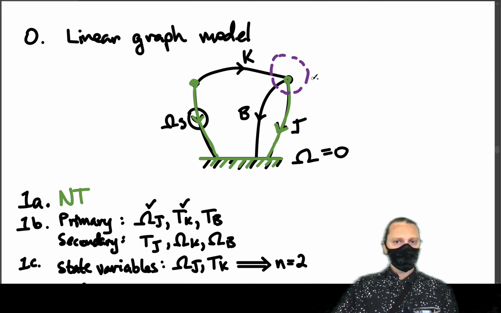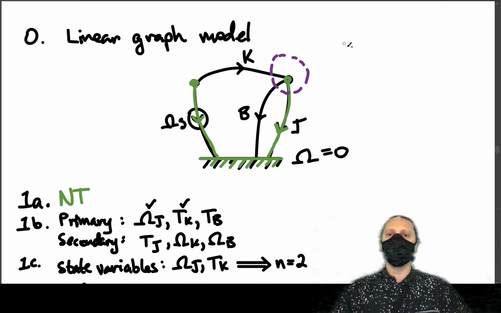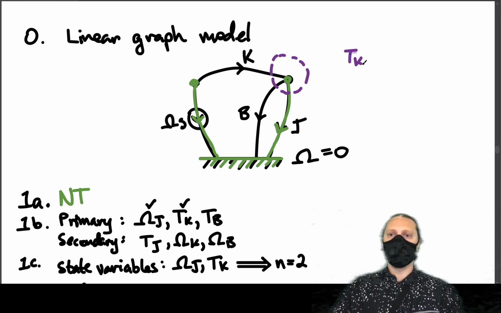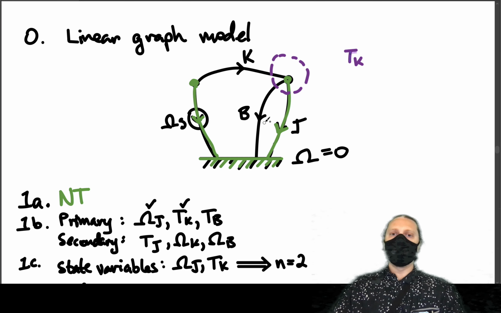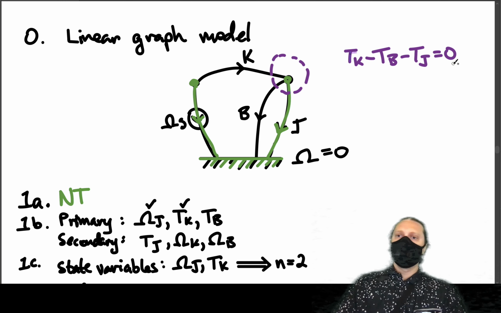So if we were to go old school and say, okay, let's say everything going into this contour is positive, then we would say Tk goes in, Tb leaves, and Tj leaves. So Tk minus Tb minus Tj equals 0.